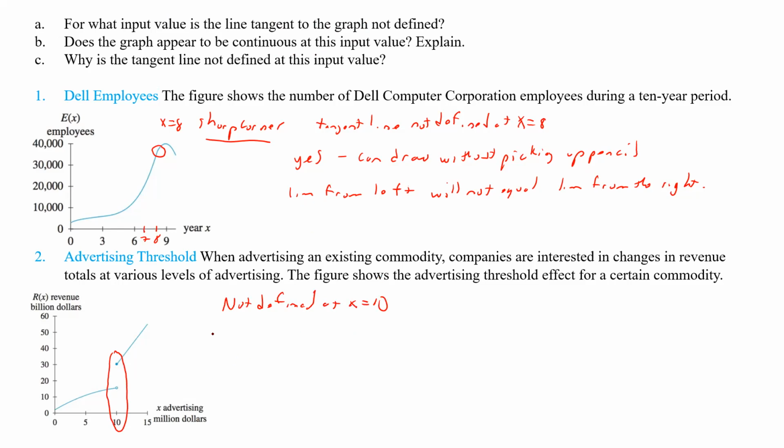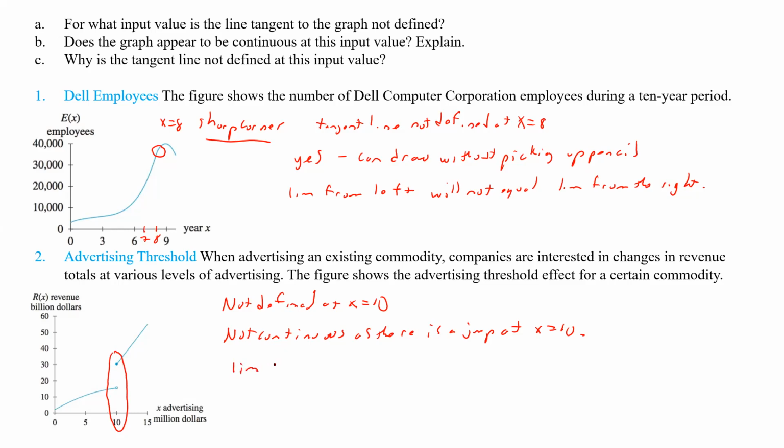And it's not continuous either, as there is a jump at x equals 10. And why is it not defined at that point? Because the limit is not going to be equal to the value there.